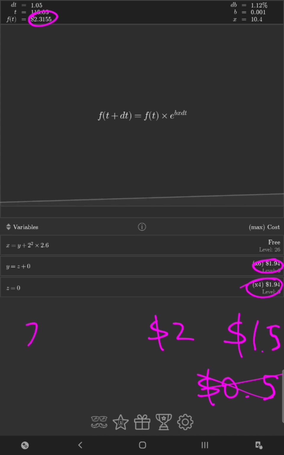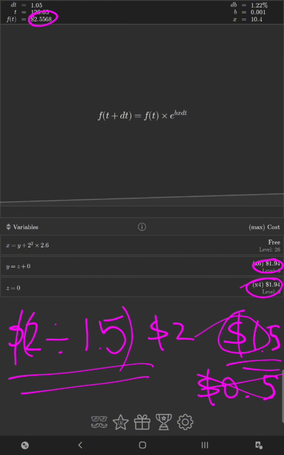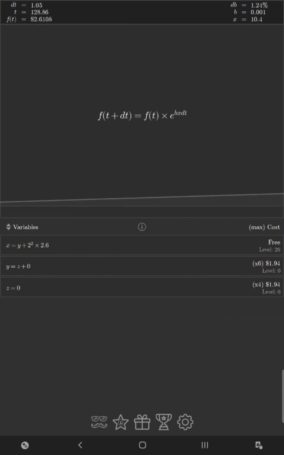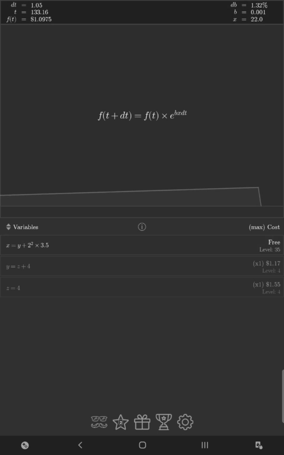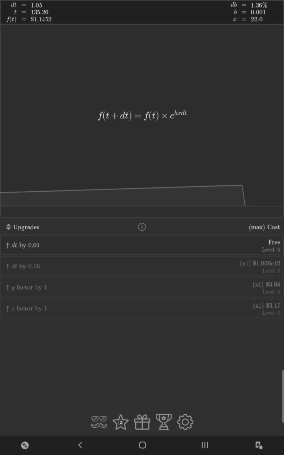You actually divide it. So the money that remains after you buy, for example, this example upgrade, you get this amount of money. Yes, so we're just going to buy some of the variables. As you see in the achievement, the costs are divided. Okay, so now we go to the upgrade tab.